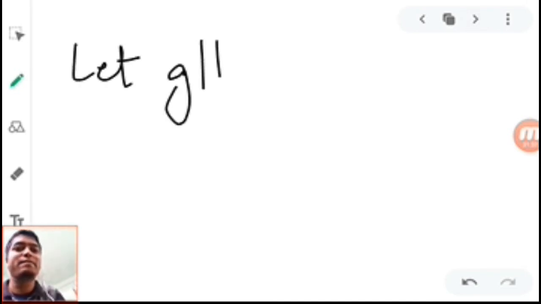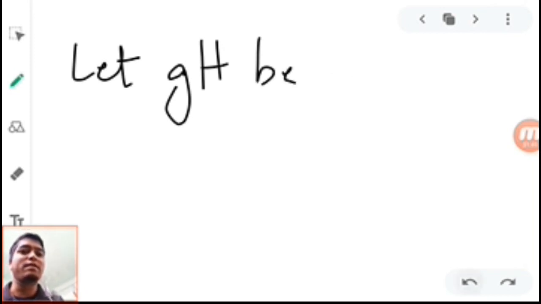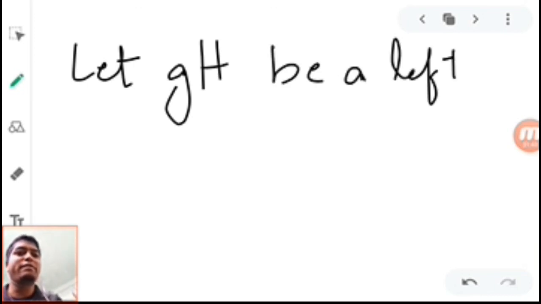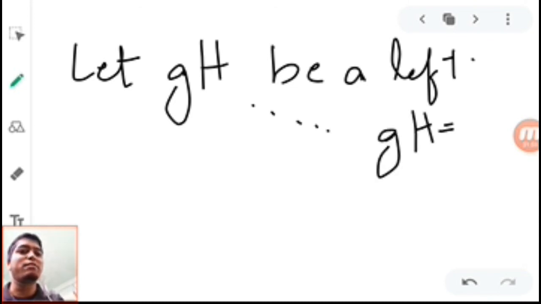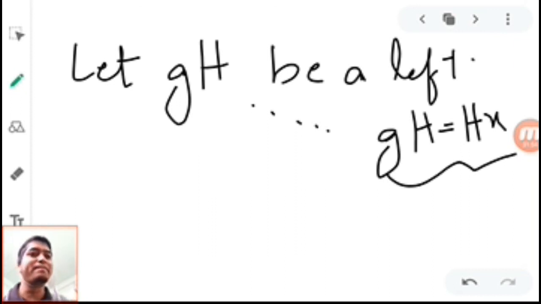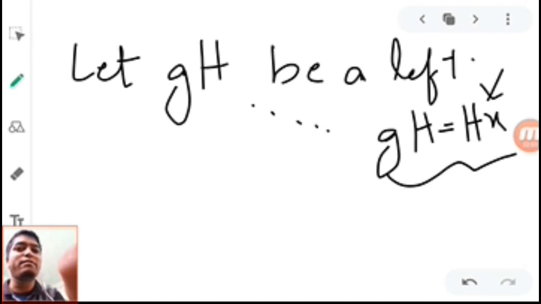Let gH be a left coset. After a few lines, we have to get gH equal to some right coset, Hx or Hg. Whatever. We just need to conclude that every left coset is a right coset. It may be equal to Hx or it may be equal to Hg. Doesn't really matter. So how will we do it?